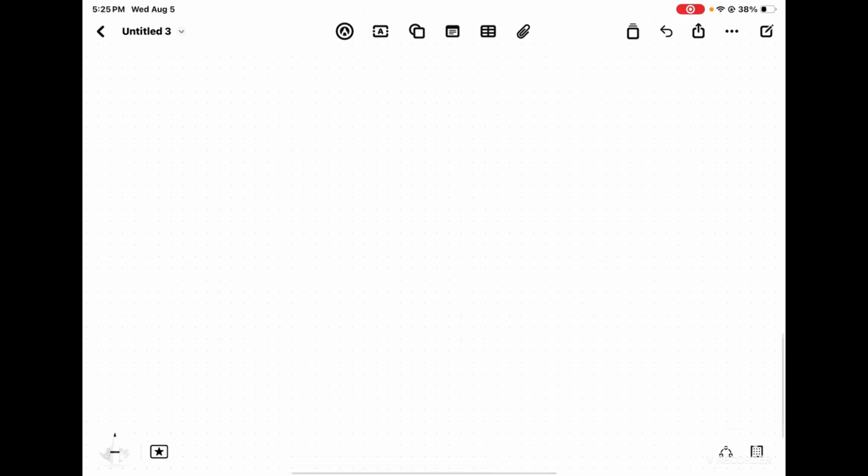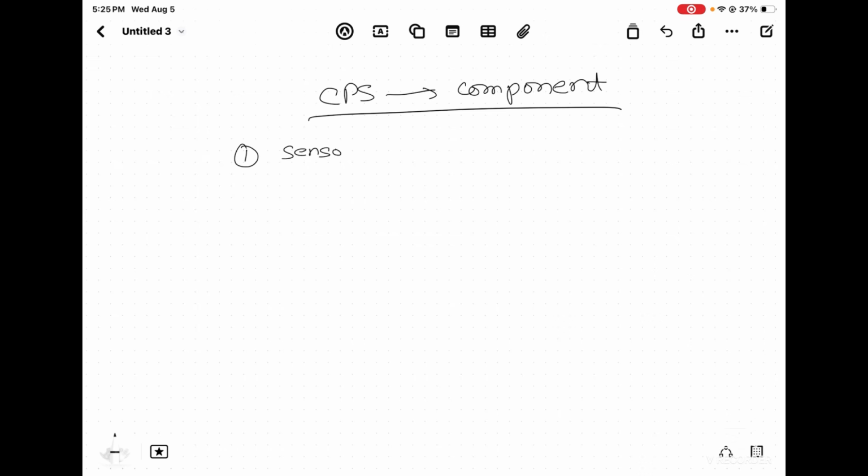And the cyber physical system has some components. So what are these components? These are sensors, control signal, and third, actuators.